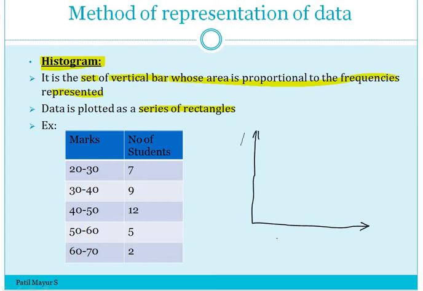Suppose this is a graph paper, this is your x-axis and this is your y-axis. This is 0.